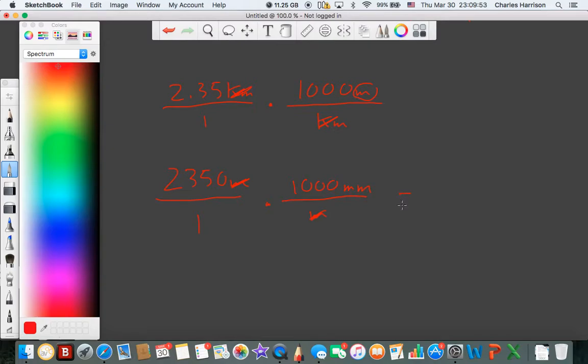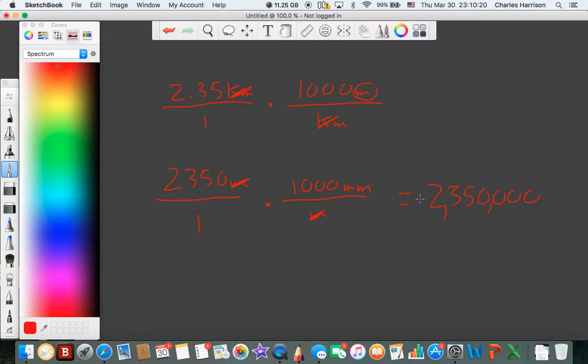So that equals 2350, and then we move the decimal 1, 2, 3, so add 3 zeros, and that is the final answer. So 2,350,000 millimeters is equivalent to 2.35 kilometers.